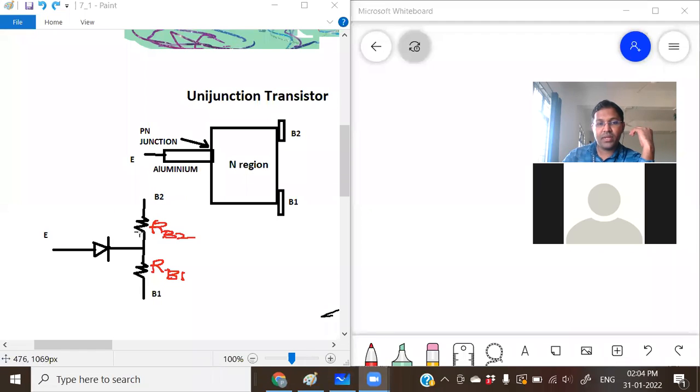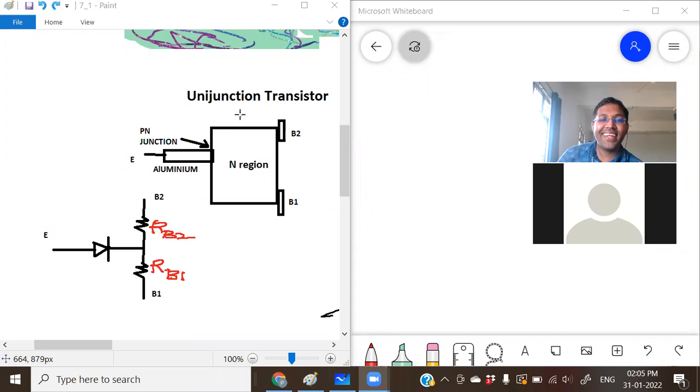But we are representing that by two resistors, one close to base terminal B2 as RB2 and one close to base terminal B1 as RB1. So this is the equivalent circuit for the Uni Junction Transistor.